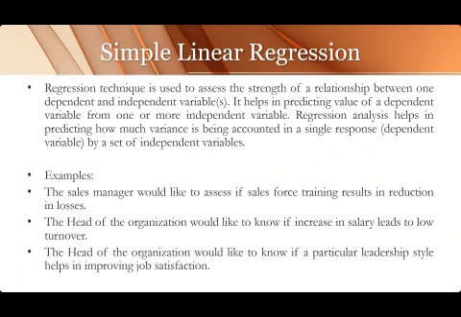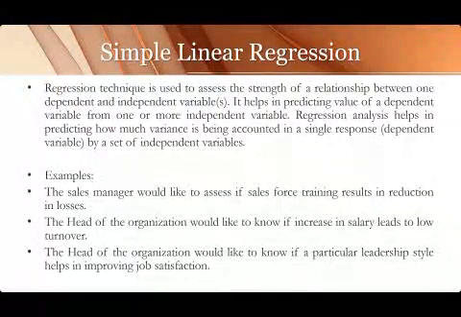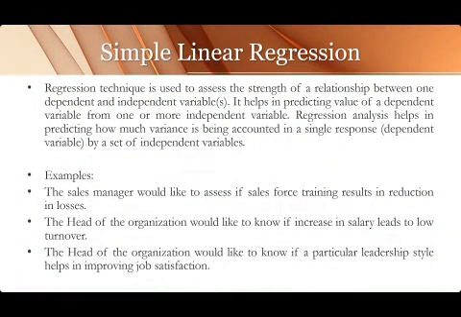Now, the second important point, the difference between correlation and regression. As a part of the correlation test, we are able to tell the strength and direction of the relationship between two different variables. Whereas when it comes to the regression test, in addition to the strength and direction of the relationship between two variables, one can also say cause and effect relationship.